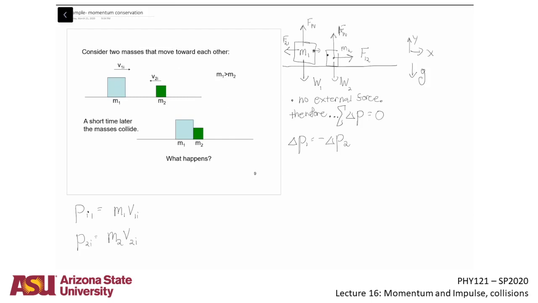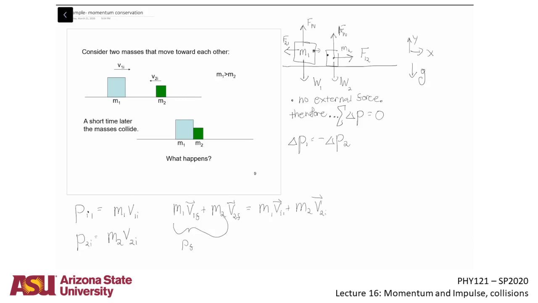Therefore, M1 V1F plus M2 V2F, so this is the final momentum, is equal to M1 V1I plus M2 V2I.